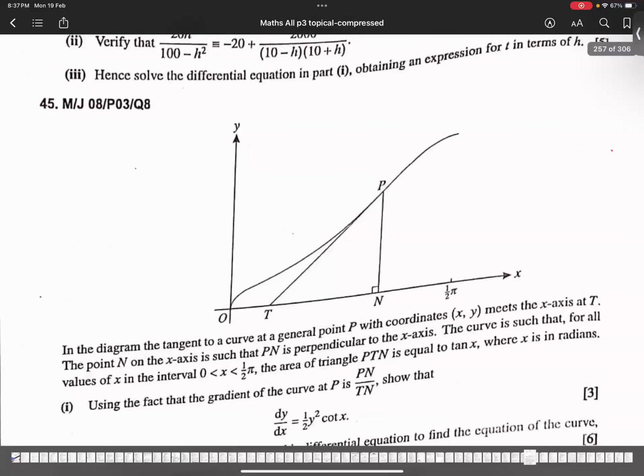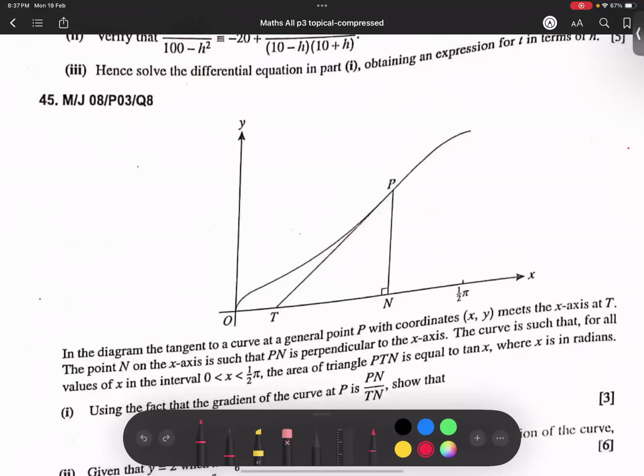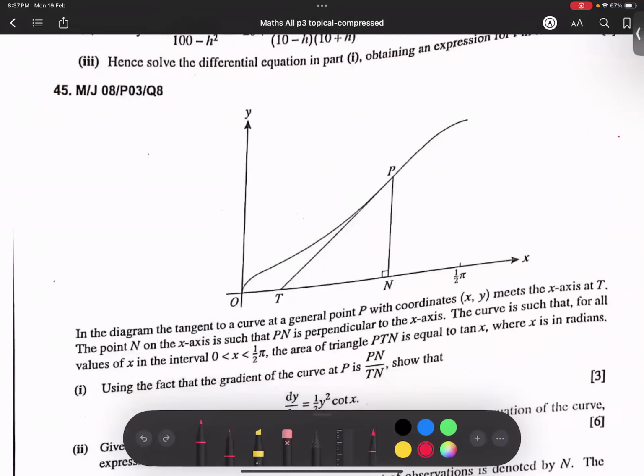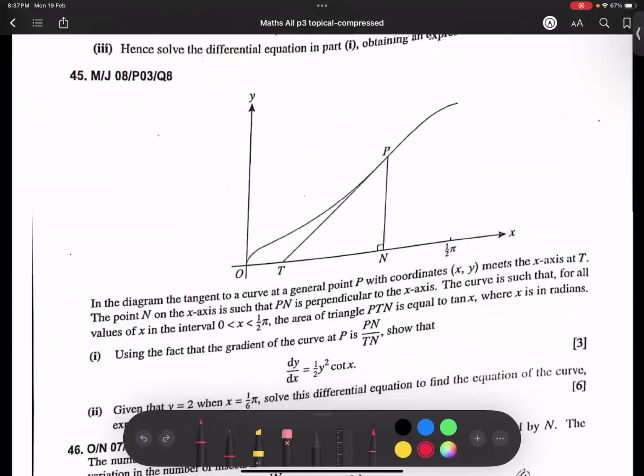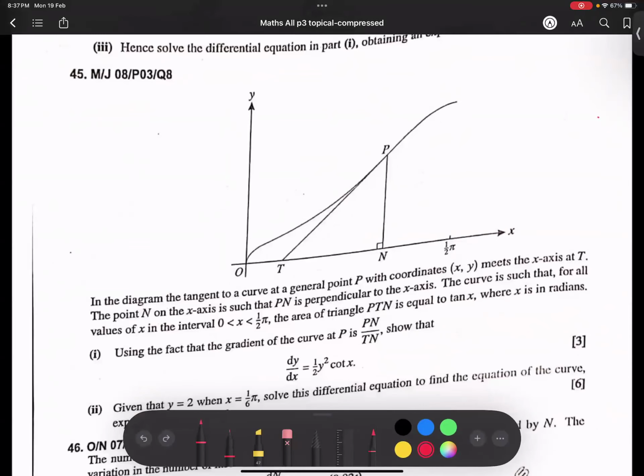Yes, students, this one, another one, we have June 2008, paper 3. Only you have tried the first part. Hold on. And he said again the same story, use the fact that the gradient of the curve is equal to this one. How to get it? You know, opposite by adjacent, all of you know, because gradient. So we have another part given here, the area of the triangle is equal to tan x.